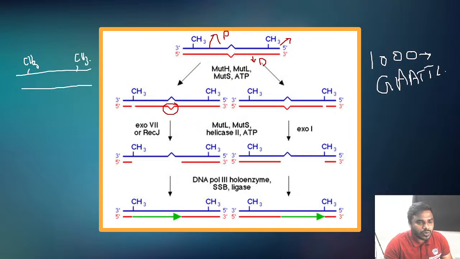Now we have to remove this damaged area. Listen to me, friends. We have to remove this damaged area and replace it with a new area. That's a very simple point.